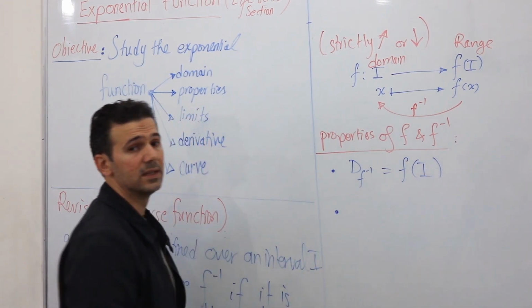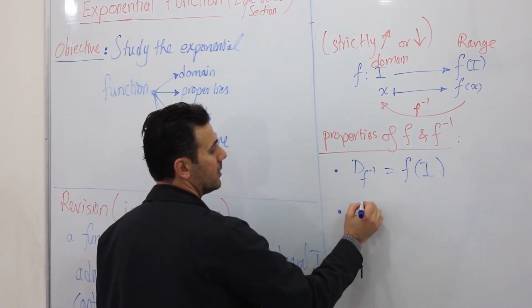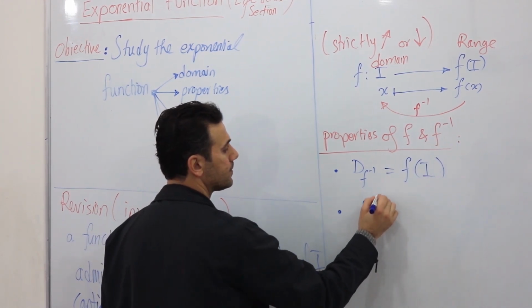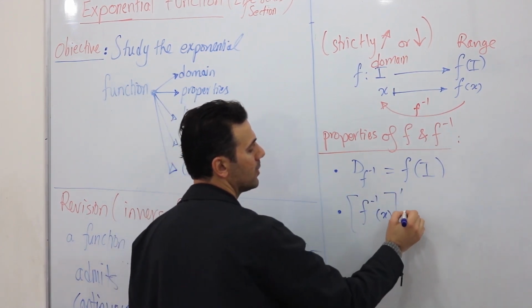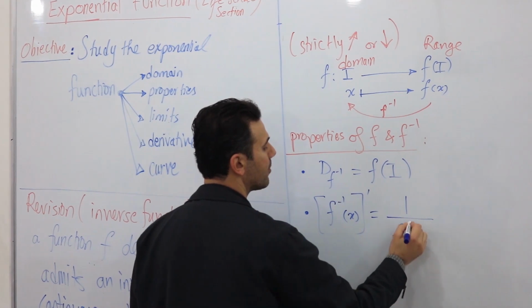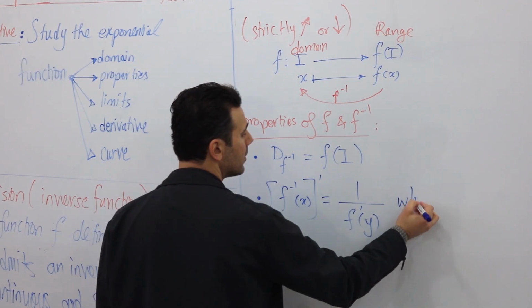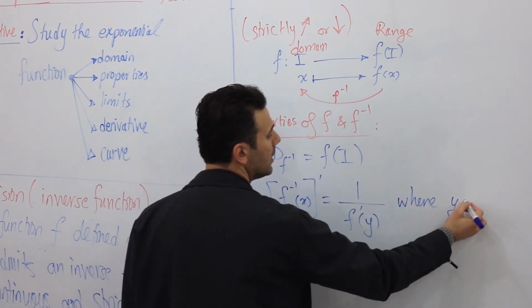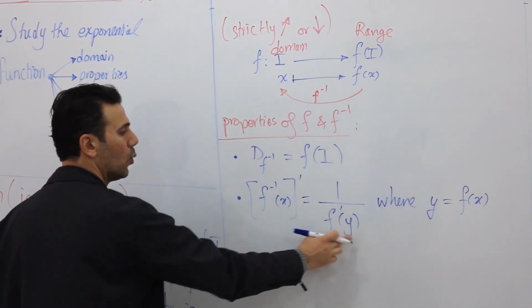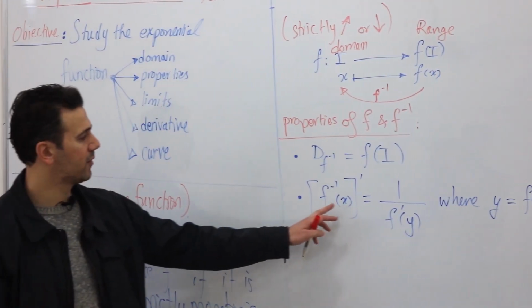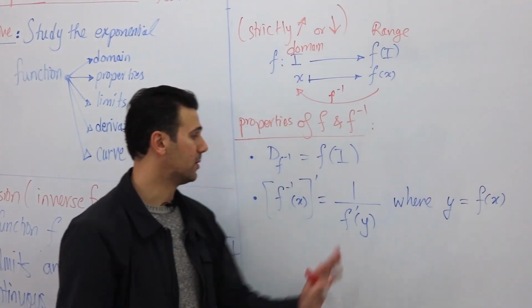The second property is about the derivative of f inverse. It will be 1 over f prime of y, where y equal f of a certain x, and we solve it to find y. We usually know the value of x, and we are asked to find the value of y by this way, by solving this equation.